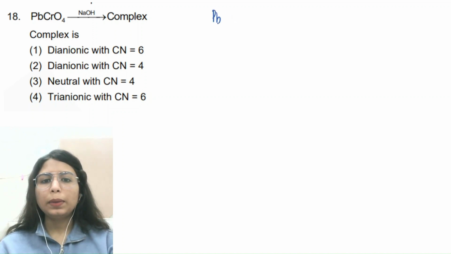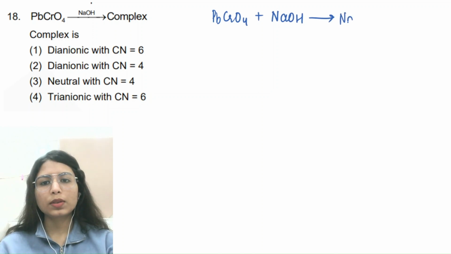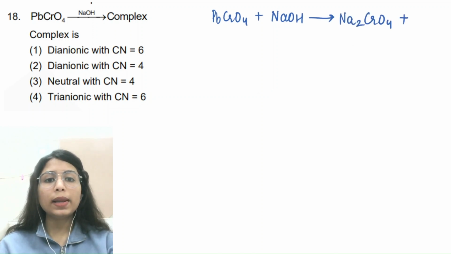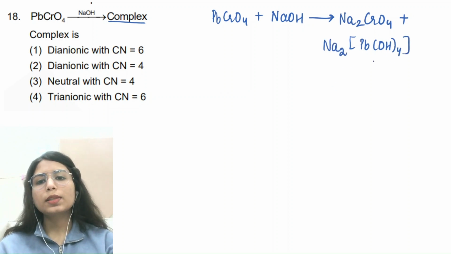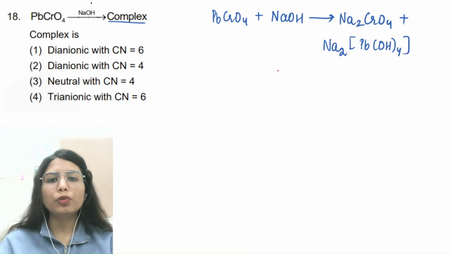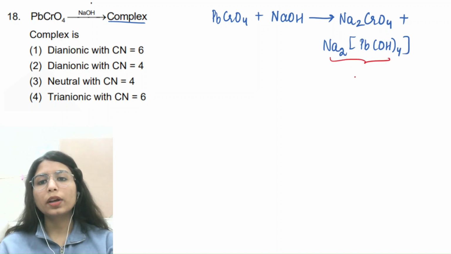So here PbCrO4, when treated with NaOH, gives you two compounds. First is Na2CrO4 and the second one is the complex that it is talking about, that is Na2[Pb(OH)4].